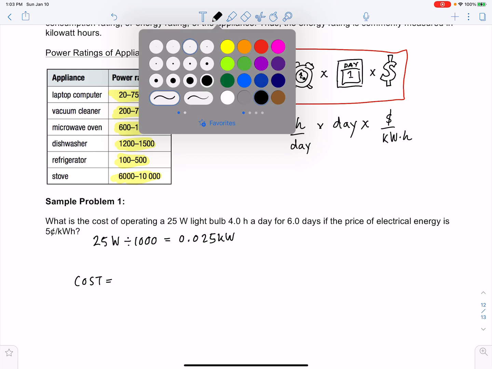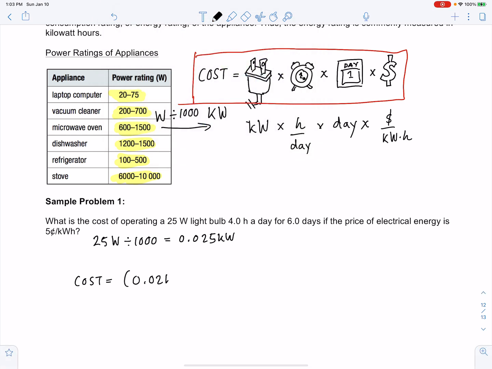So we'll punch these in. We have 0.025 kilowatts times 4 hours per day times 6 days, and the electric utility company charges you 5 cents per kilowatt hour, which in dollars is 0.05 per kilowatt hour.